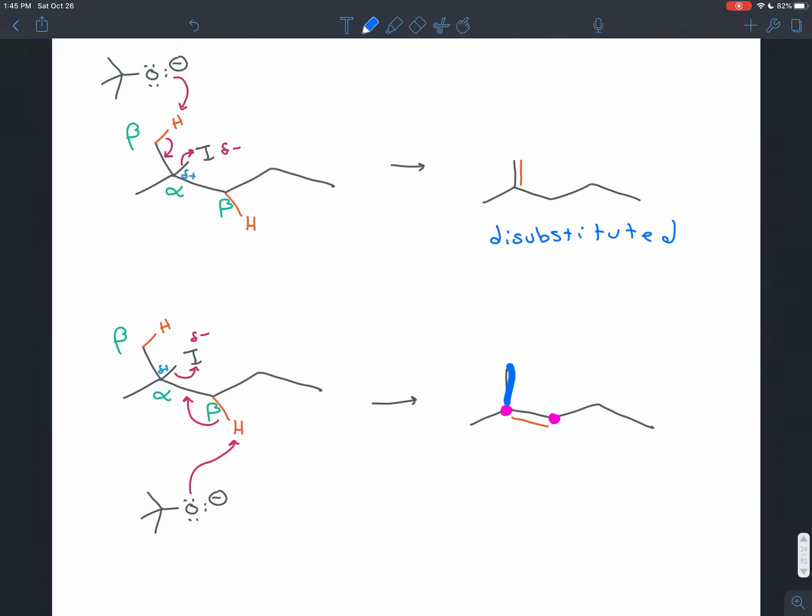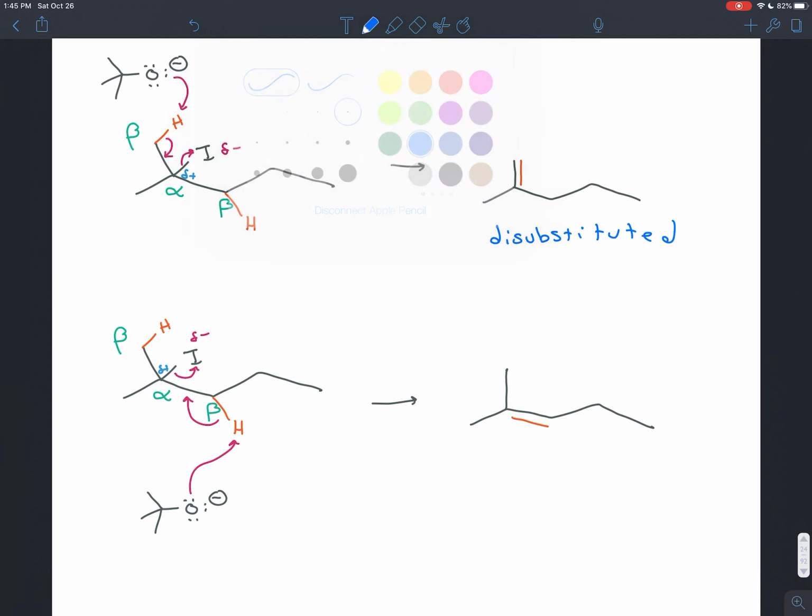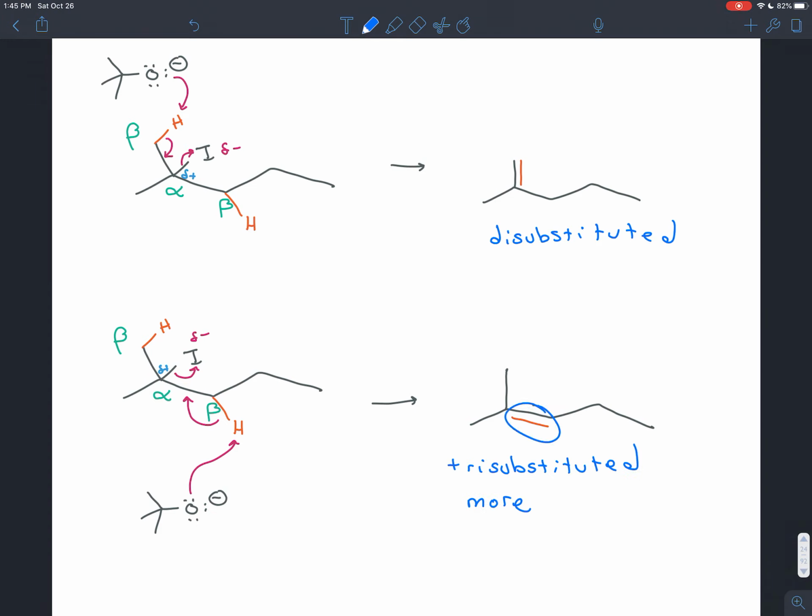How many carbons are coming off of that? 1, 2, 3. So that's going to be tri-substituted. So the tri-substituted product is more stable. The electrons in that pi bond can leak into the sp3 orbitals through hyperconjugation in more ways. So that's more stable. And the di-substituted product is less stable.